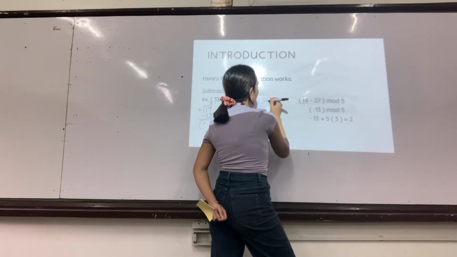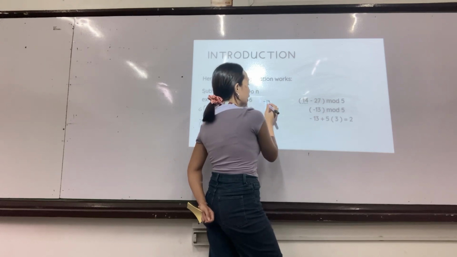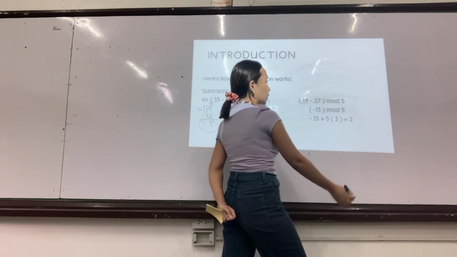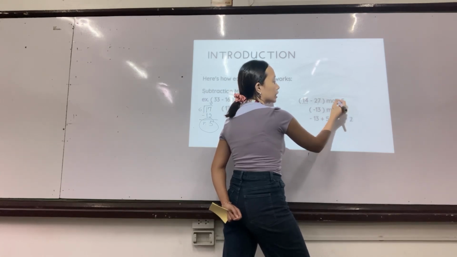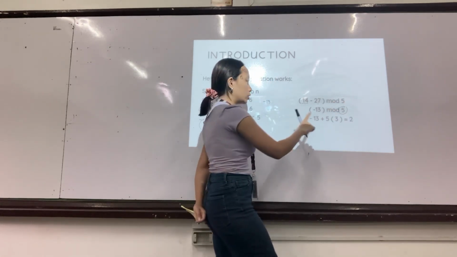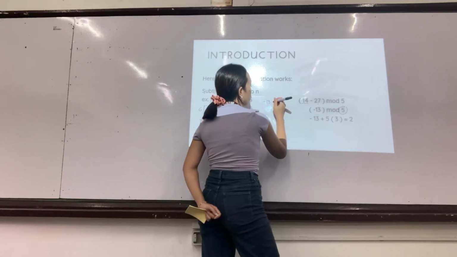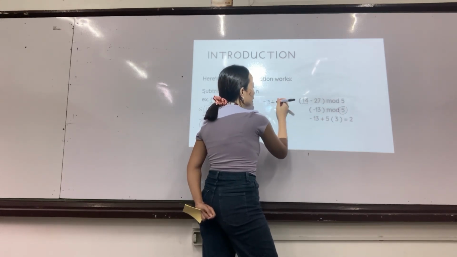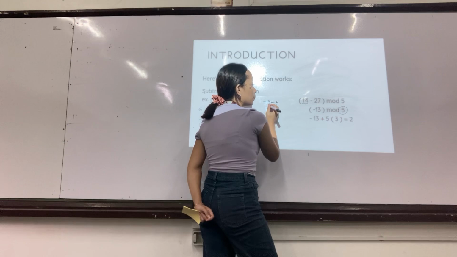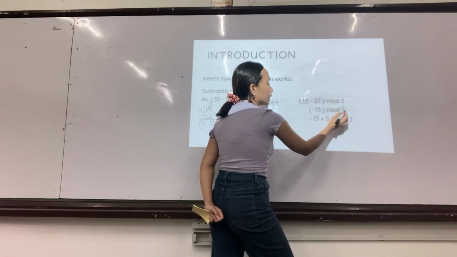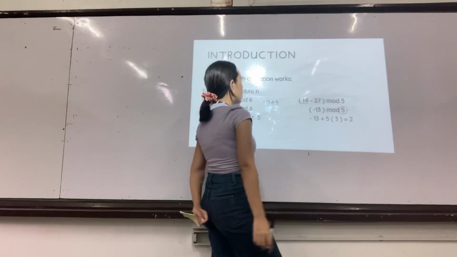In the case that we encounter a negative answer, we have to look for the multiples of our modulo. Since we have modulo 5, we are going to look for multiples of 5 that could make this number a positive number which is less than or equal to our modulo value.